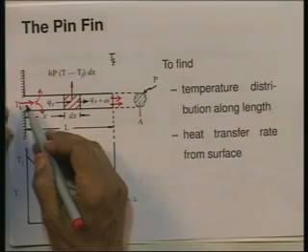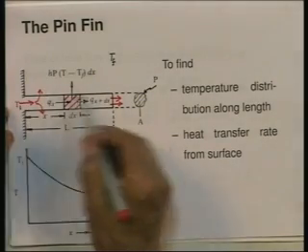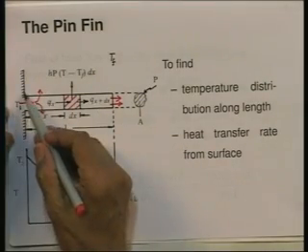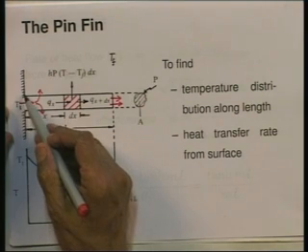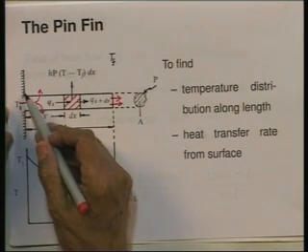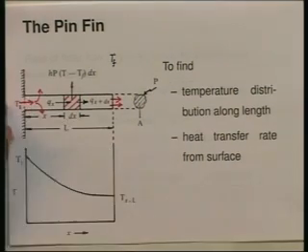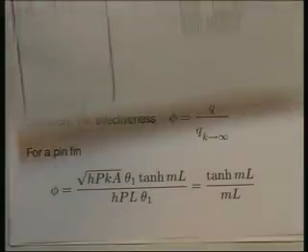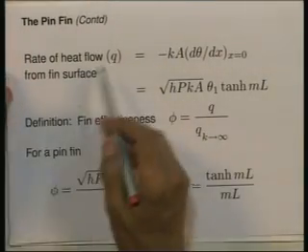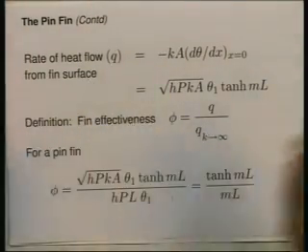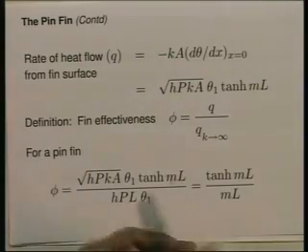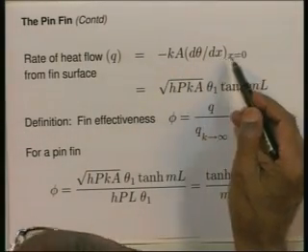So, we can also say the heat flowing out all over the surface is, by Fourier's law, nothing but minus kA d theta/dx at x equal to 0, that is at this cross section. So, let us put that in. We will say rate of heat flow from the fin surface is minus kA d theta/dx at x equal to 0.